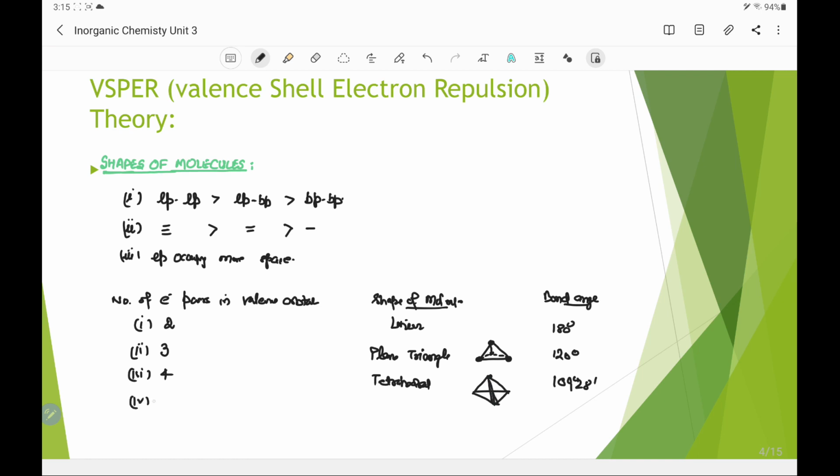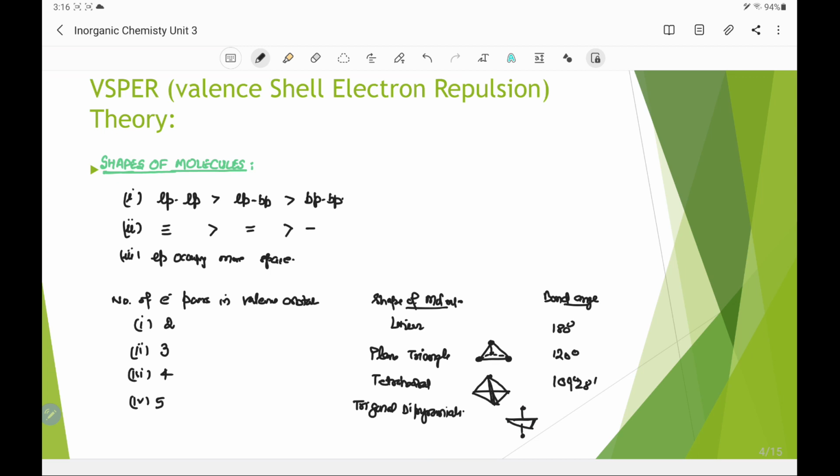Fourth, if the number of electron pairs is 5, it is trigonal bipyramidal. A pyramid has a triangle base, and it has 2 bond pairs, up and down, and so we say it is triangular bipyramidal.